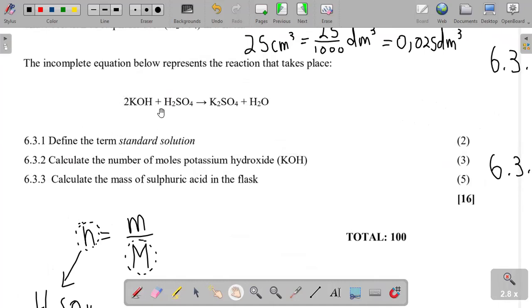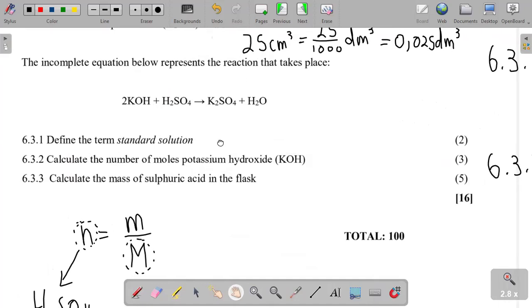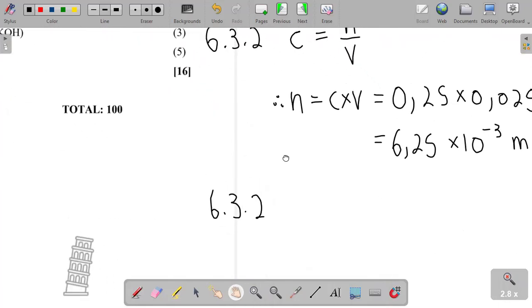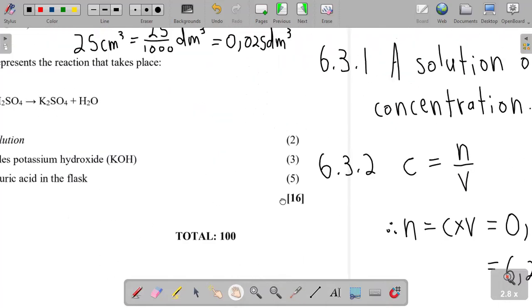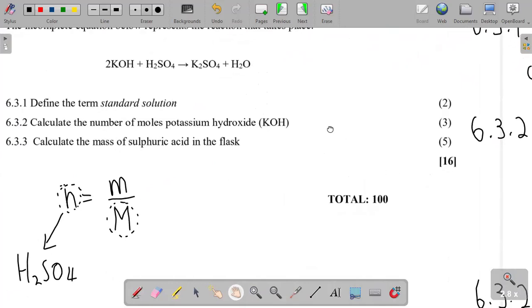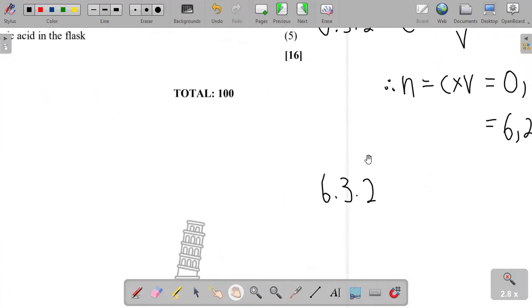We use the coefficients. The coefficient here is 1. If there's no number here, that means there is an invisible 1. Then here there is a 2. Oh no, this is 6.3.3. Okay, my mistake here.